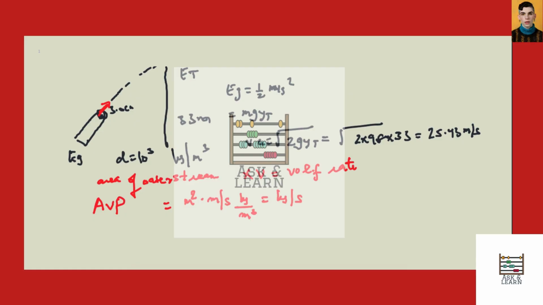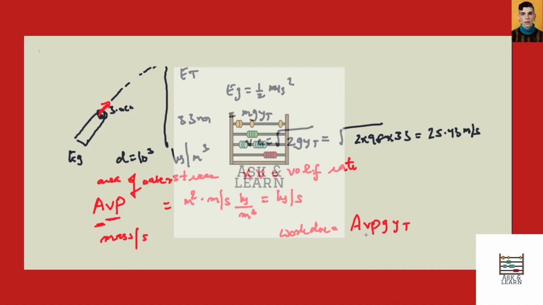Another way to think is that A V rho is the mass that flows out of the hose per second. So this is basically the mass per second. It takes a minimum force of this times g to lift that mass. So the work done per second to lift that mass to a height of y top will be A V rho g y top.